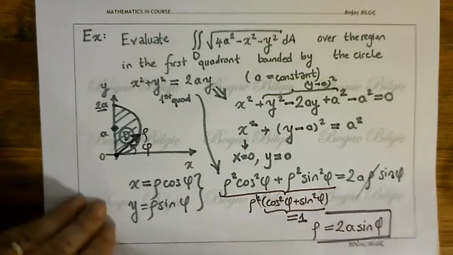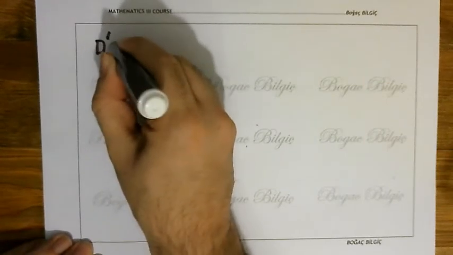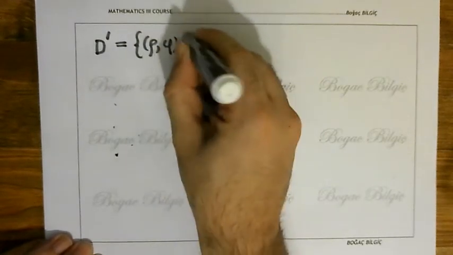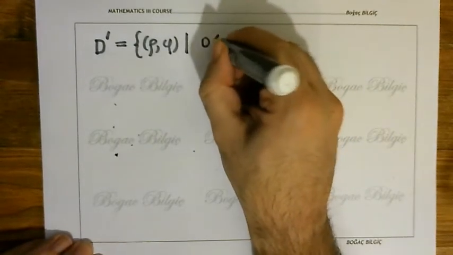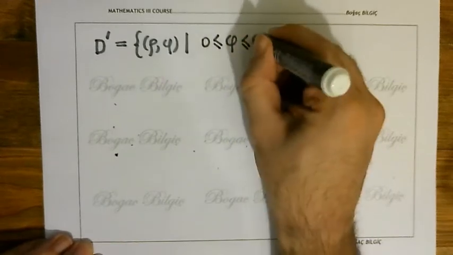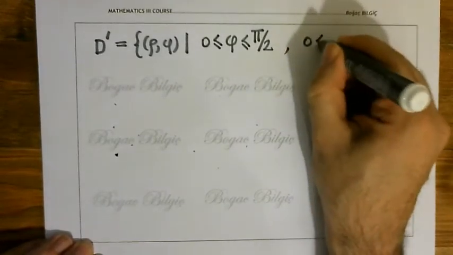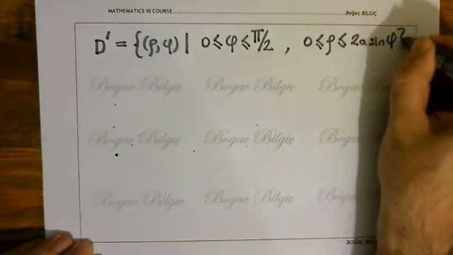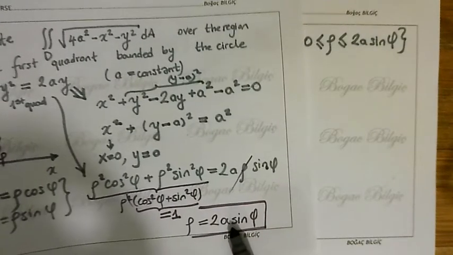So if we use polar coordinates, the new region in ρ and φ is φ from 0 to π/2, and ρ from 0 to 2a sin φ. The equations tell us.